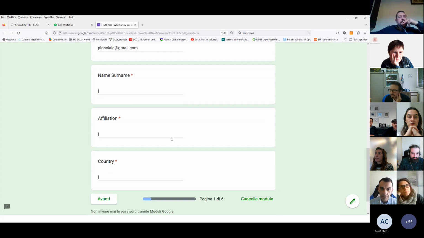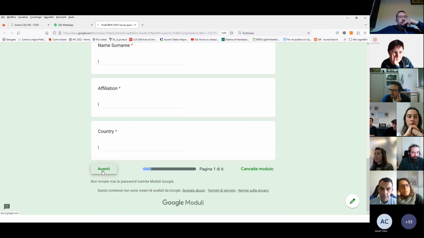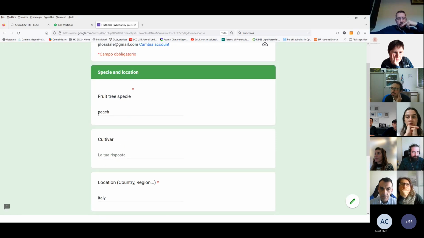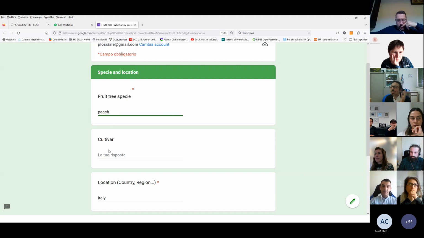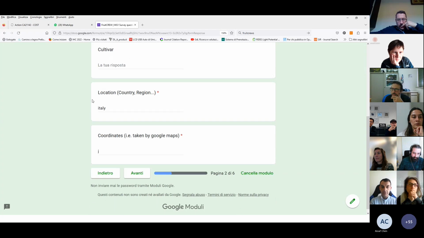So surname, name, affiliation, and so on. Going ahead, fruit tree species. This is just an example. I just filled in some here, so some part of the questionnaire. The cultivar is not mandatory, but if you have this information, it could be important.